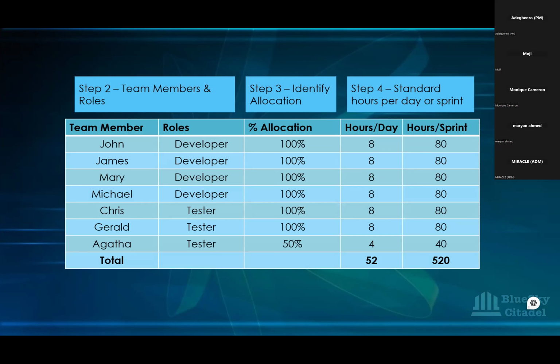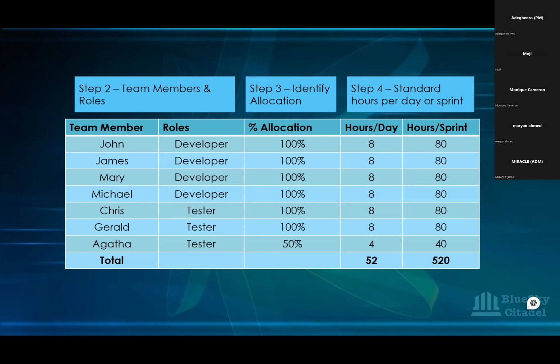Okay, so at the end you have 8 hours, 8 hours, 8 hours, 8 hours, and then you have 4 hours for Agatha. That is when you're calculating their hours per day. And when you calculate their hours per sprint, you have 80, because there are 10 days in a sprint, isn't it? So 8 times 10 will give you 80. Okay. And then at the total per day, for all of them, you have 52 hours.